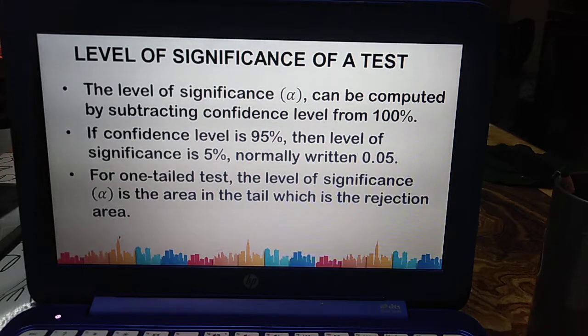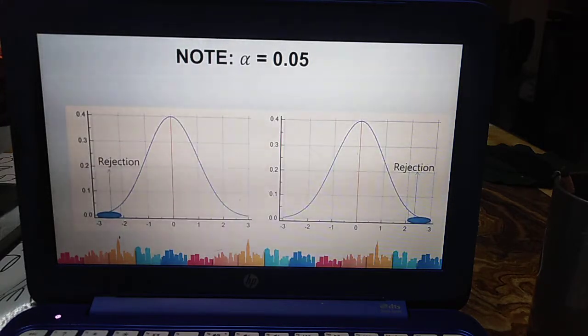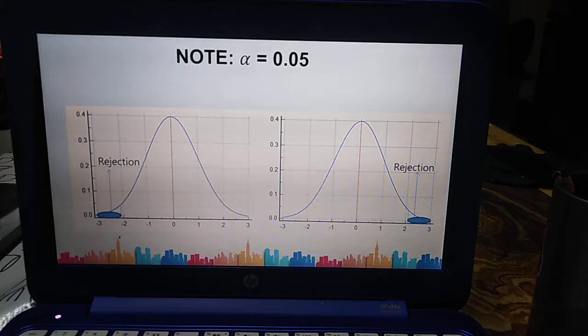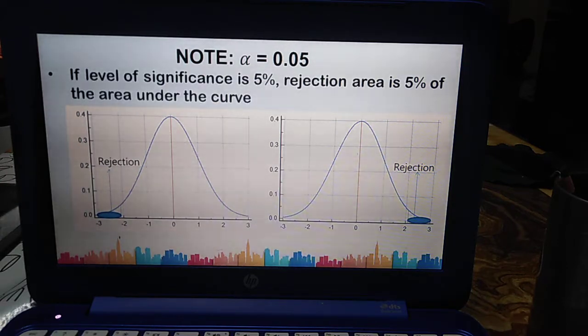Now, for a one-tailed test, the level of significance is the area in the tail, which is the rejection area. Consider that our level of significance is 0.05 or 5%. Then, the rejection area is 5% of the whole curve.